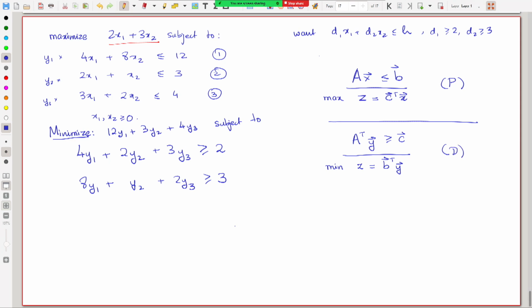And what we see is that, because of the way we came upon this in the first place, any feasible solution to the dual is an upper bound for the primal, right.